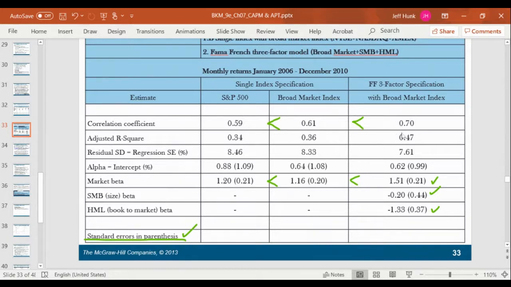I don't have F statistics here, but generally you can see the fit is getting better. Adjusted R square is better, and the residual standard error, in other words, the error of forecasting, is getting smaller, right?